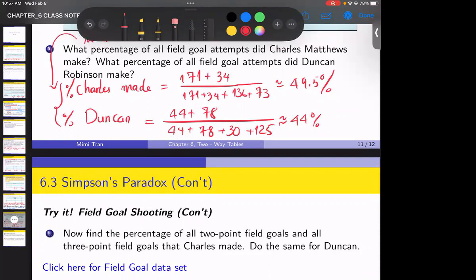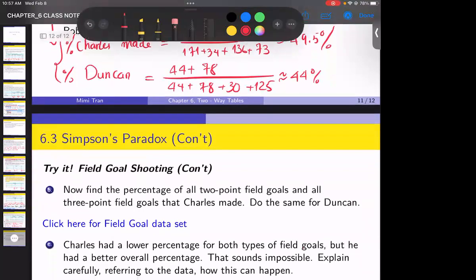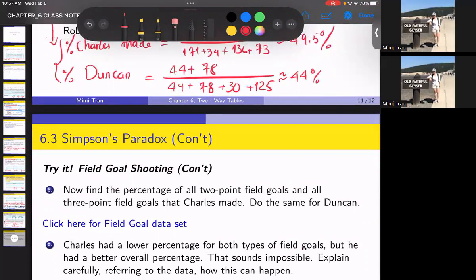Unless you want to do it by hand, that's fine. So click on the data set. Me, I just go to my Google account. Make a copy of that. I put down the percentage that we did in part 8.